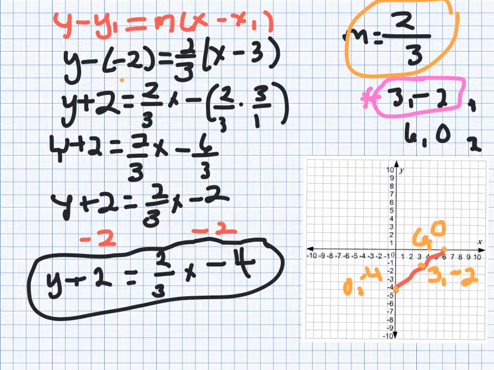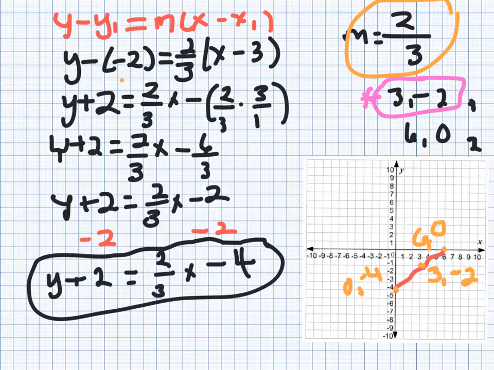We can then work it out all the way. y plus 2 equals 2/3x minus, and I distributed it, so it was 2/3 times 3/1. And then we have y plus 2 equals 2/3x minus 6/3, because 2 times 3 was 6.